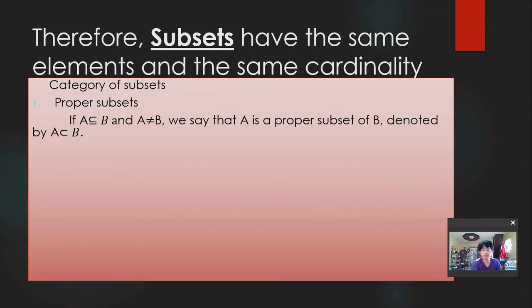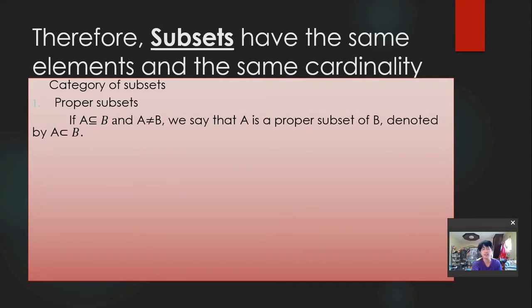Like for example, in a certain school again, there is a section. A section consists of 50 students. Now this section is a proper subset of the entire population of the school. It means it is a small portion of the entire population.